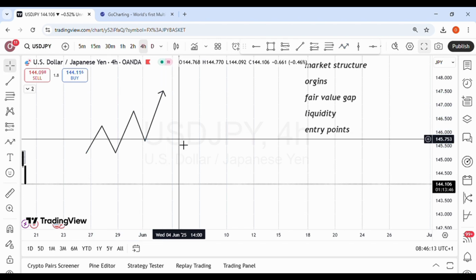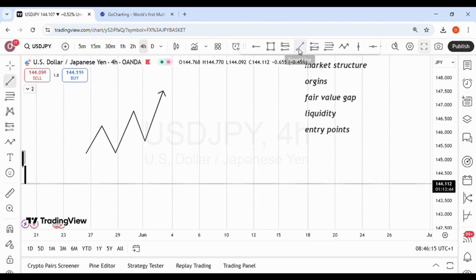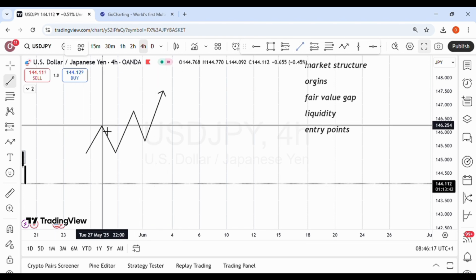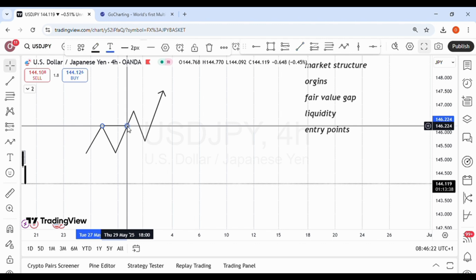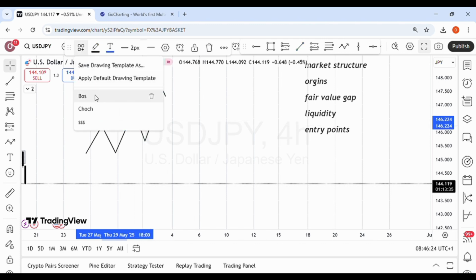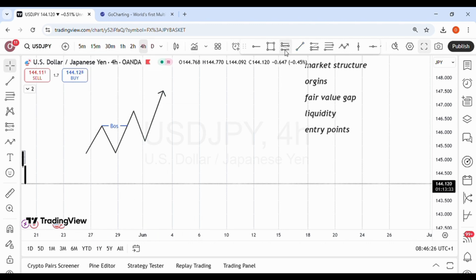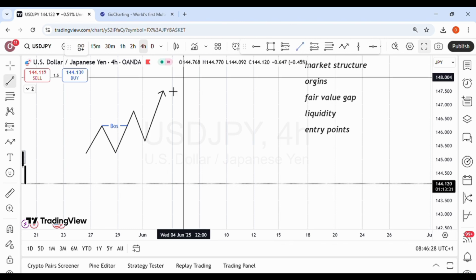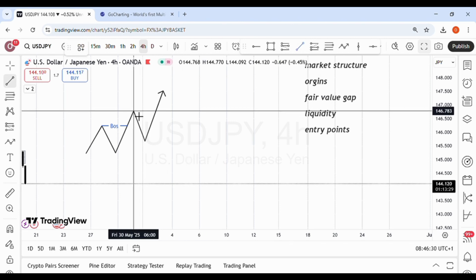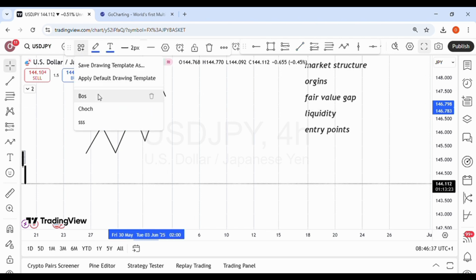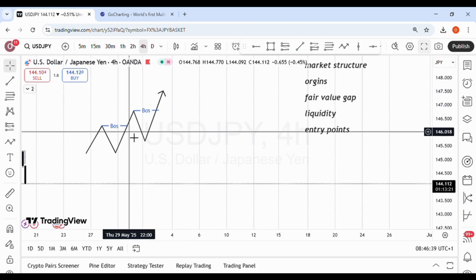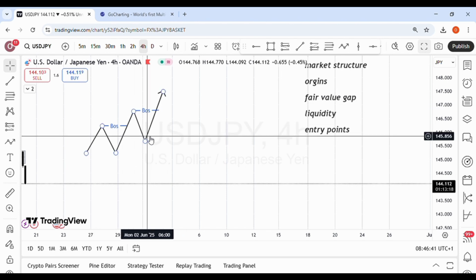Then we mark out our structure like this. This is a break of structure. This is another break of structure. So from this particular chart, we are bullish.